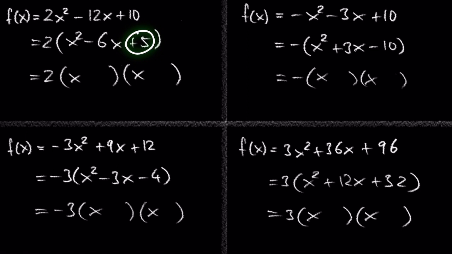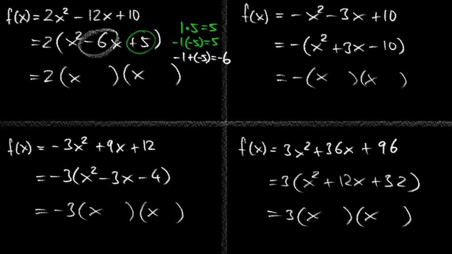And the same 2 numbers, when added together, give us negative 6. 1 times 5 is 5, and negative 1 times negative 5 is also 5. But only negative 1 added to negative 5 gives us the negative 6. So the numbers we're looking for are negative 1 and negative 5.